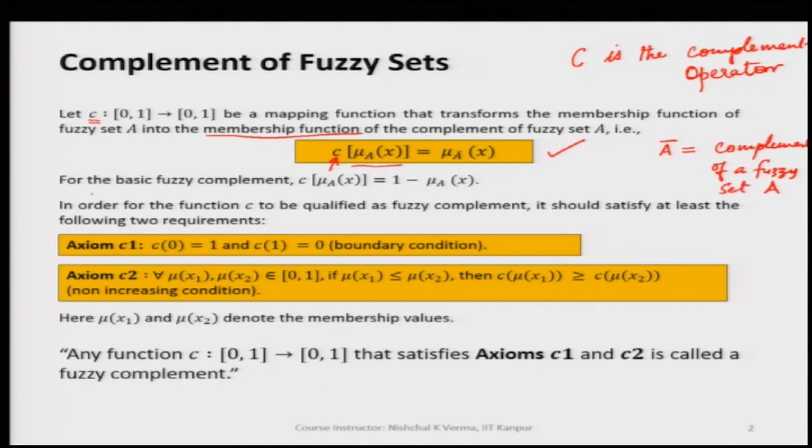And what we have studied so far is that the basic complement of a fuzzy set is obtained as follows.